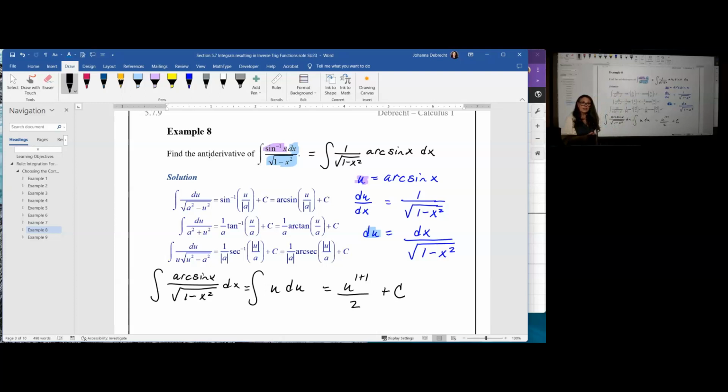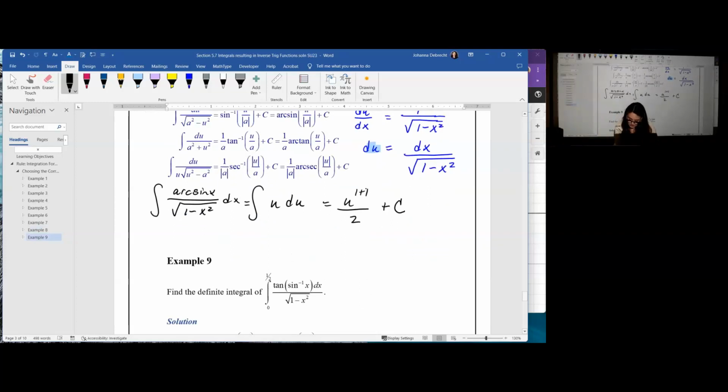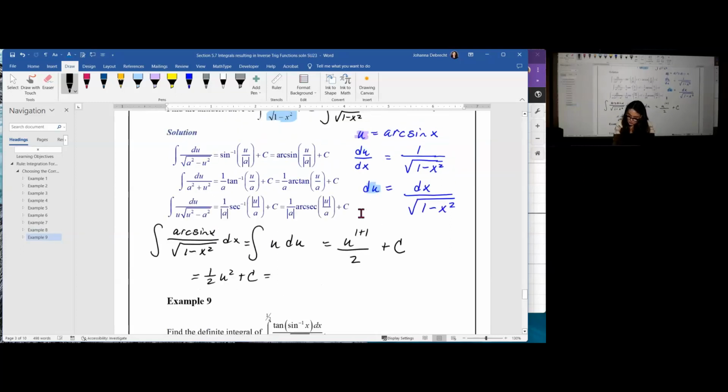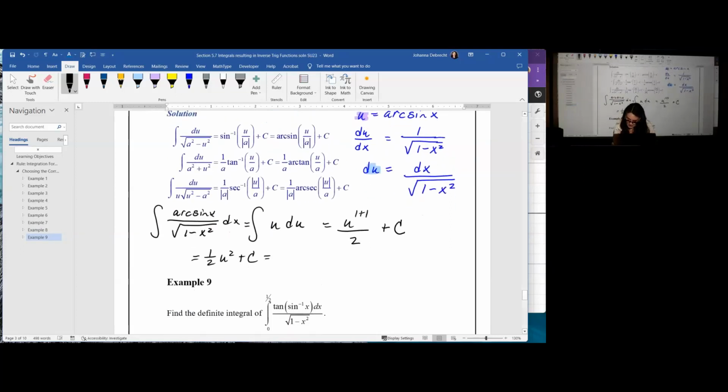Because it's an indefinite integral, I must go back to the original variable, which is x. So I'm going to resubstitute, and I'm going to rewrite this, which is 1/2 u squared plus c, as, since my u is the arcsine of x, 1/2 arcsine of x, quantity squared, plus a constant.